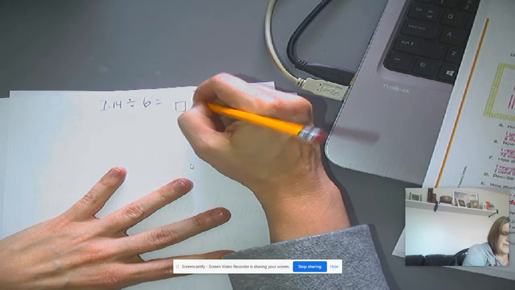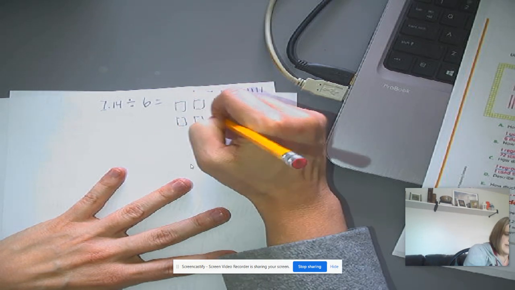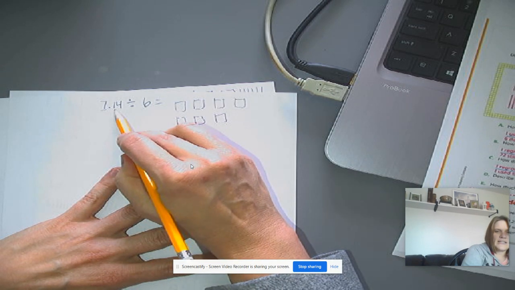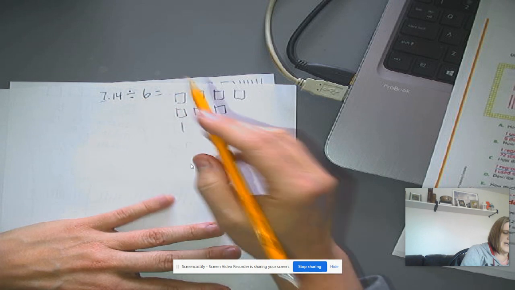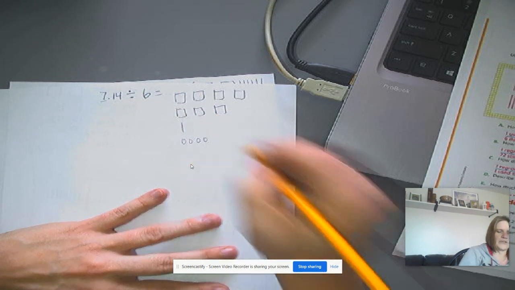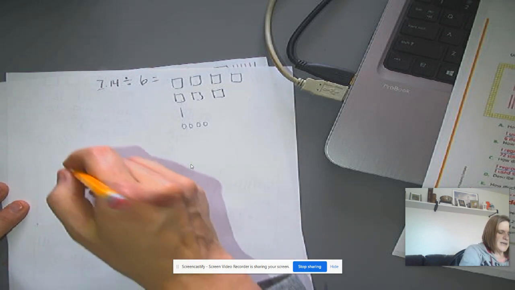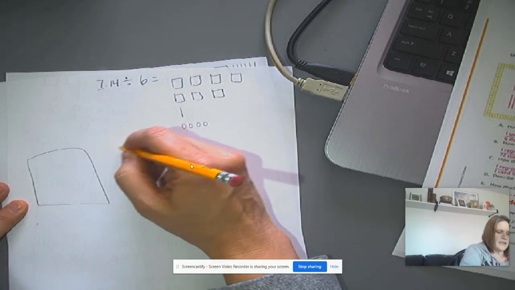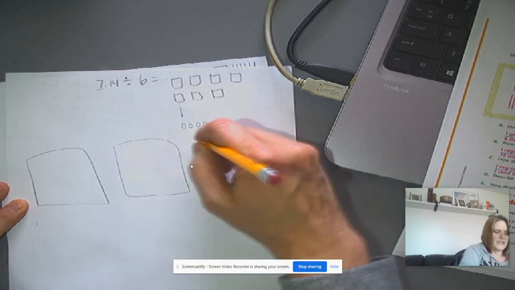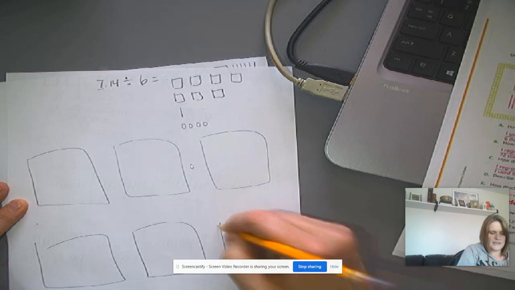We're going to draw 7 flats. And how many tenths do I have? I have 1/10. And how many hundredths? I have 4 hundredths. So that's what I'm going to do. And how many groups am I dividing this amongst? 6 groups. So 1, 2, 3, 4, 5, 6.